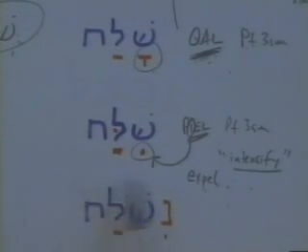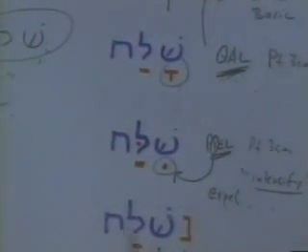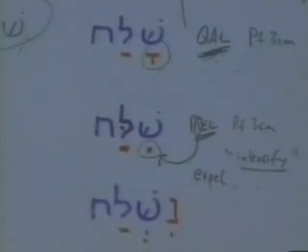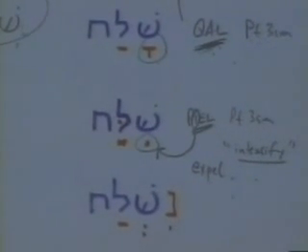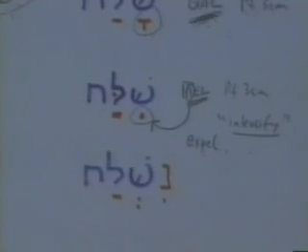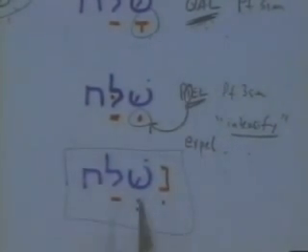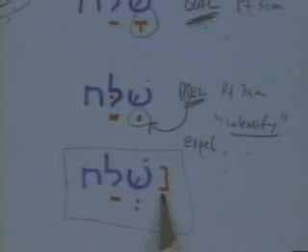There's an example of how the conjugation will not really change, but simply alter in some way the understanding of the word. Here's another conjugation. Do you see that in the form nishlak, we have the same root shalak with a nun prefix? Now, we've seen a nun prefix before, haven't we?